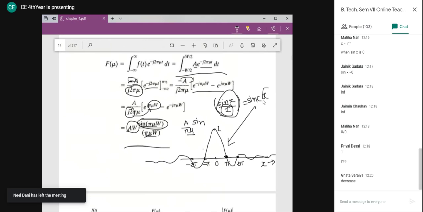So whenever my argument, my x value, is equal to pi, then my first 0 is encountered. Same way on the left-hand side, whenever my argument is equal to negative pi, then my first 0 is encountered. Same way, someone will ask you to find the first 0 of sinc of 3 omega by 7.